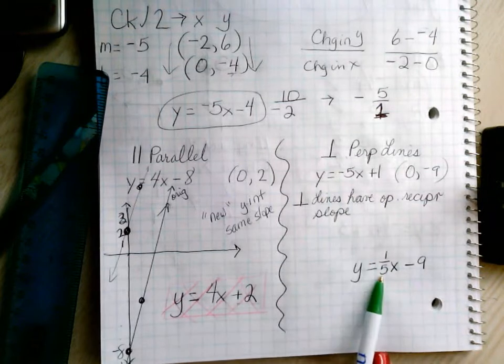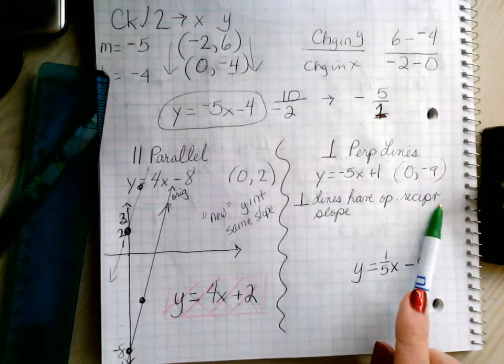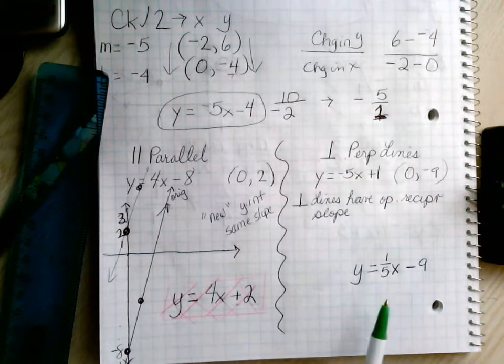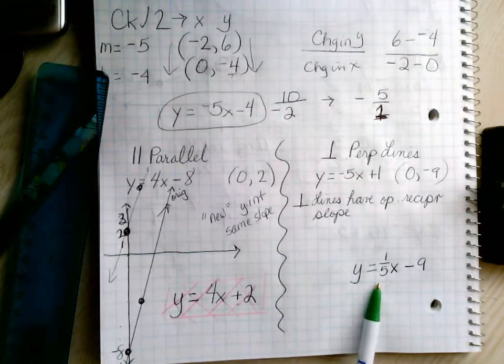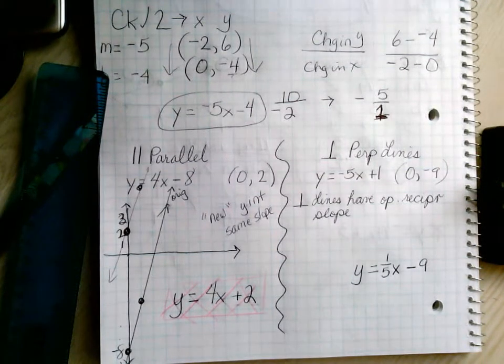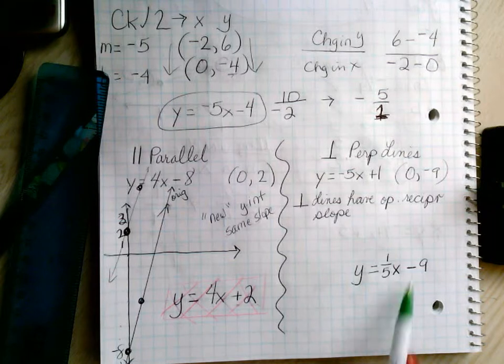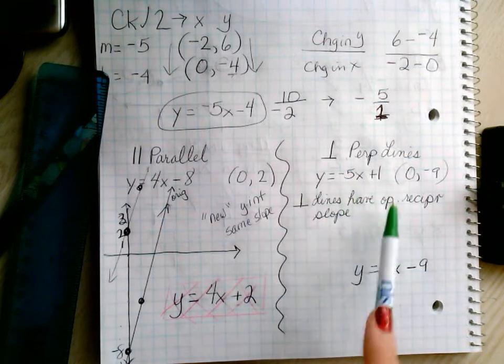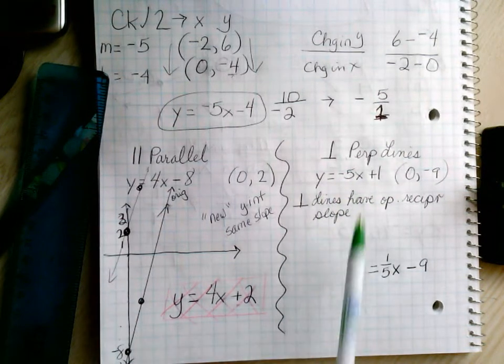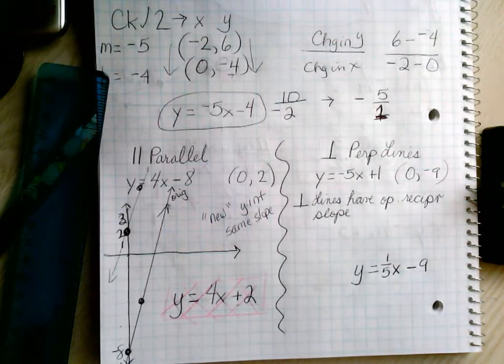Opposite, so from negative we went to positive. Reciprocal, -5 became 1/5. There's your answer. Say it with me. Perpendicular lines have opposite reciprocal slope. Perpendicular lines have opposite reciprocal slope. And we've just looked at what opposite means. Positive becomes negative. A number becomes its reciprocal.